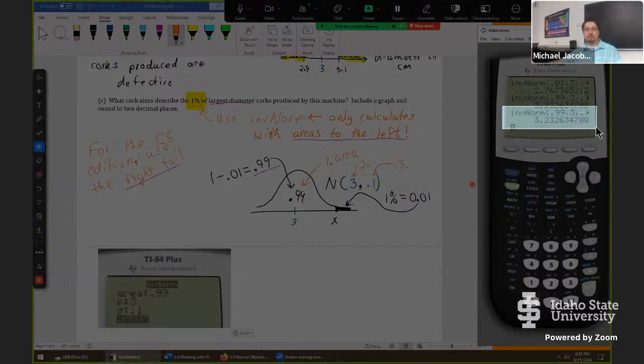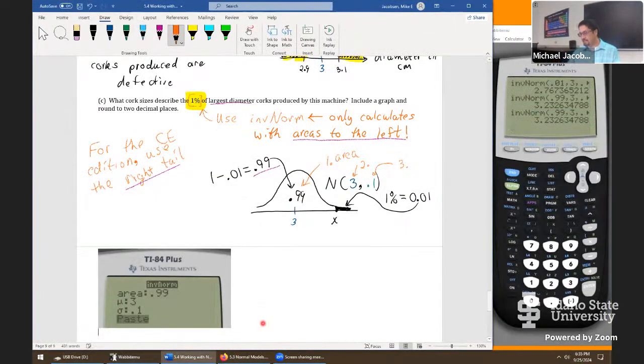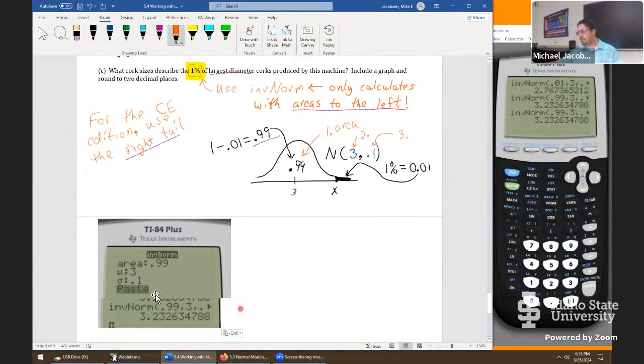Appreciate the support in the class with a different calculator. Could be your mu and your sigma potentially. But let's report the answer. X equals 3.23 centimeters.